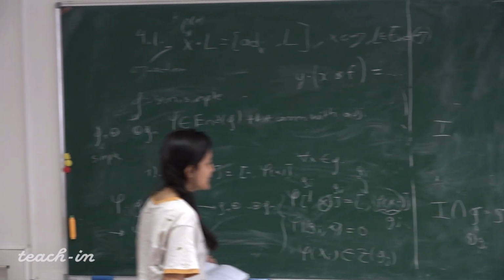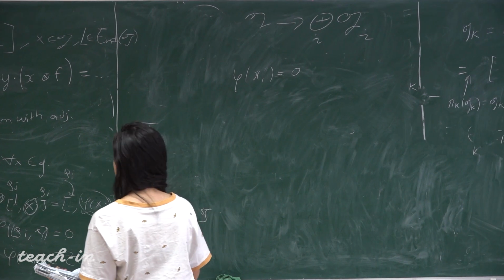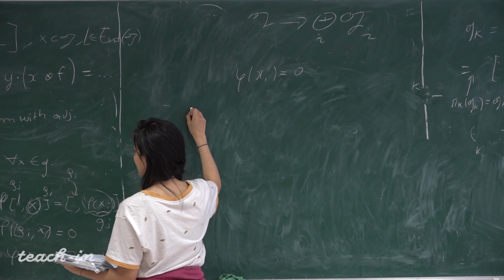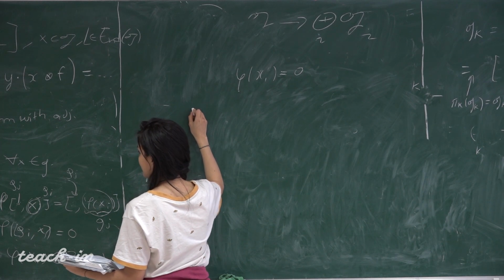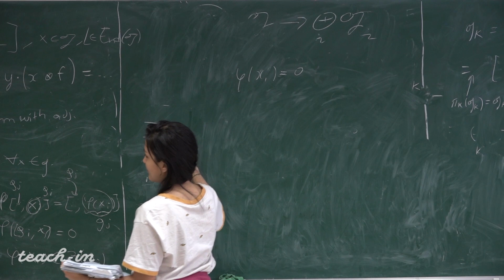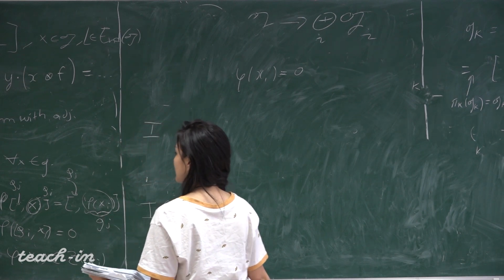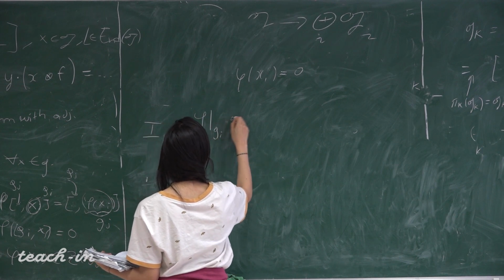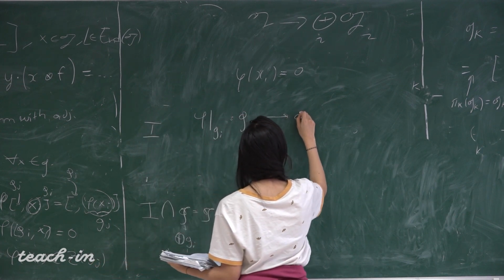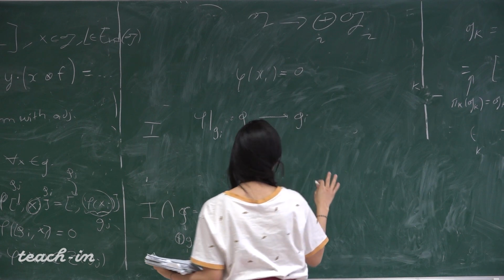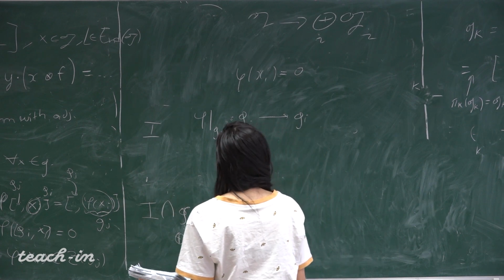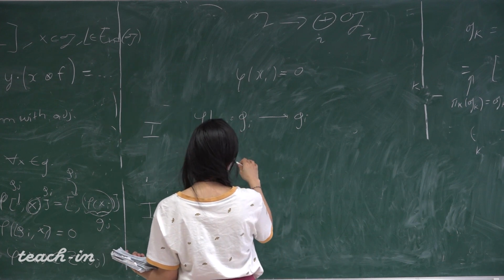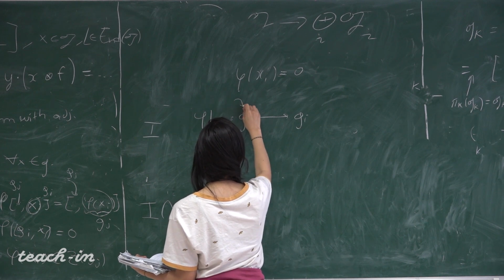And then what I wanted to do was consider the restriction of this linear map to G_i, so we have G_i to G_i. And then we also have the adjoint representation acting on each of these.